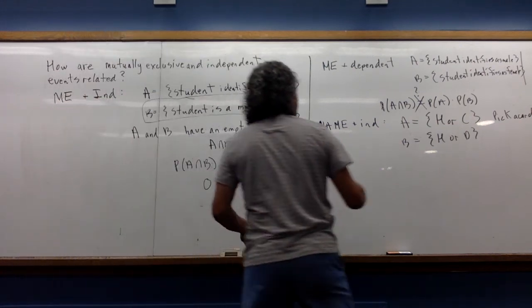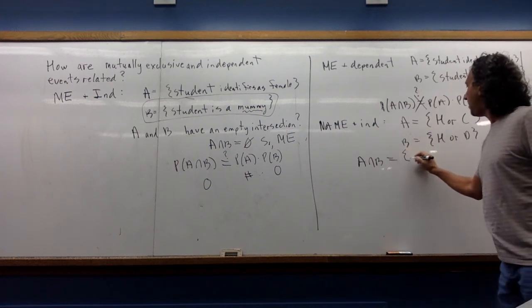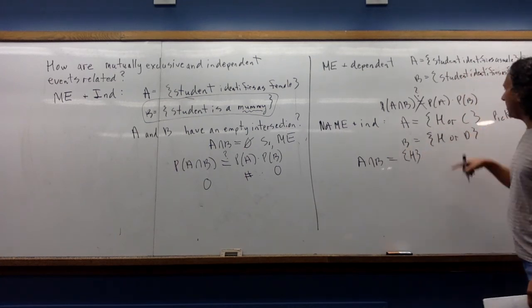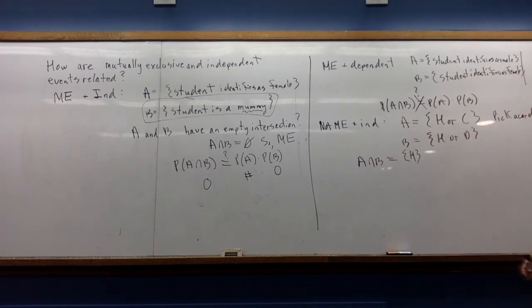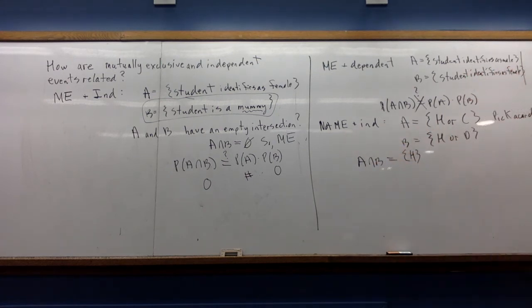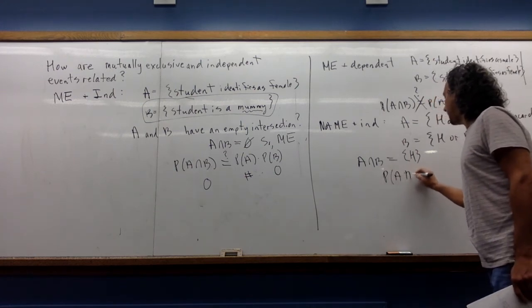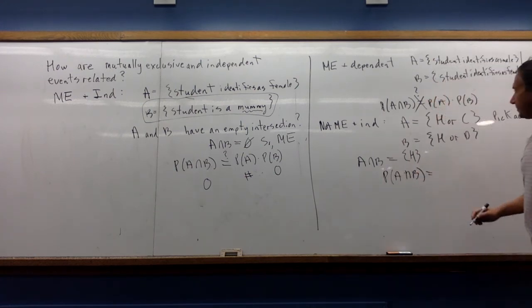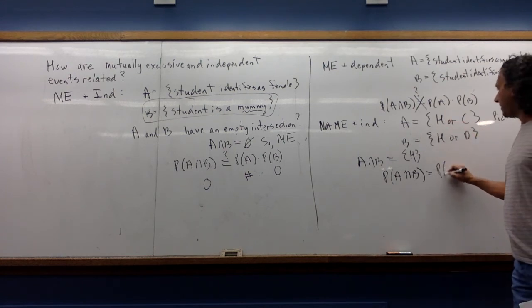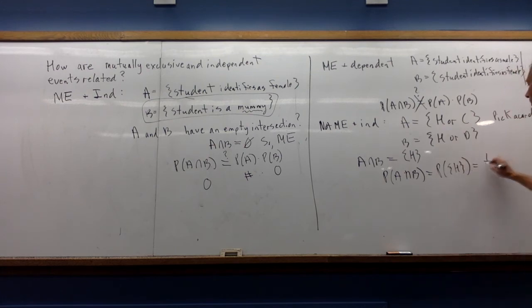All right, hopefully you said that A intersect B is hearts. So this is hearts, clubs, hearts, diamonds. So they're not mutually exclusive. So are they independent? Well, the probability of the intersection is the probability of getting hearts, and that's 1/4.